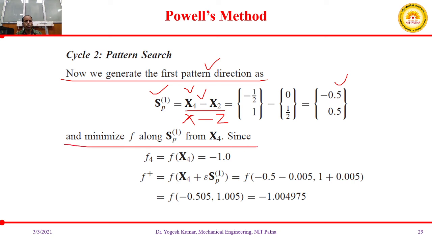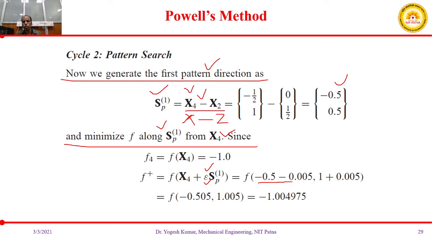Now you will try to minimize your given function from x4 in your search direction. So your new search direction is sp1. If you give some positive movement in your sp1 direction, say a small step epsilon, you will get these values.